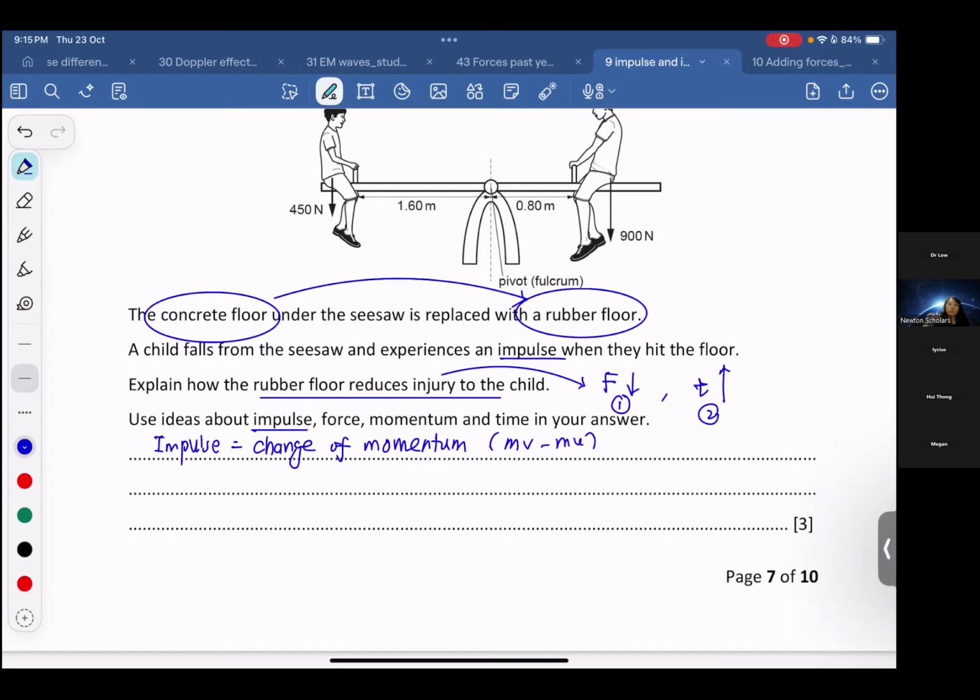So although you change from concrete to rubber, the final speed and initial speed are the same. So the impulse for both concrete floor and rubber floor is the same. The difference is the time.